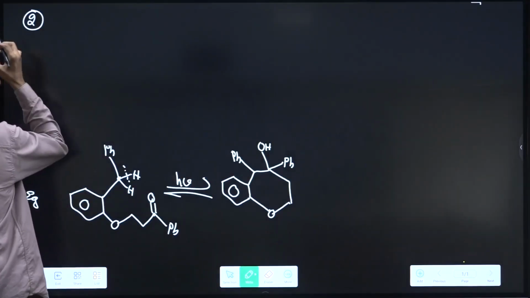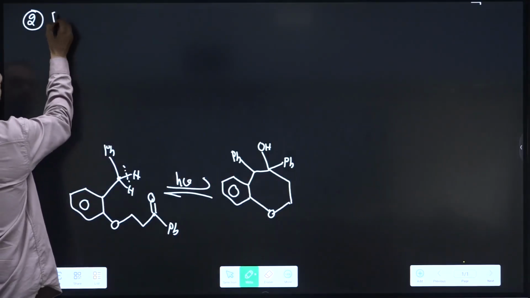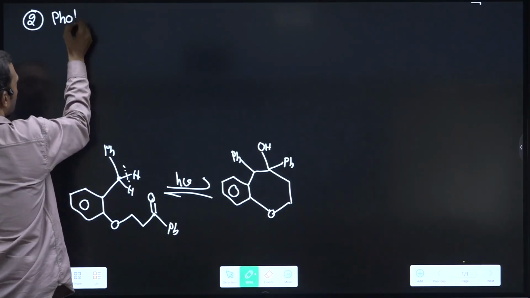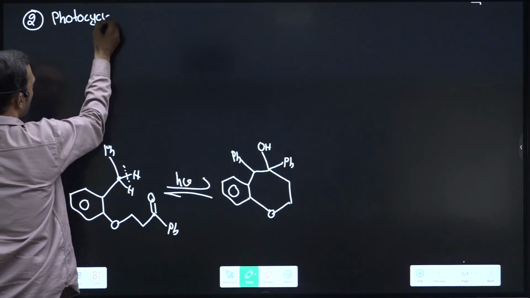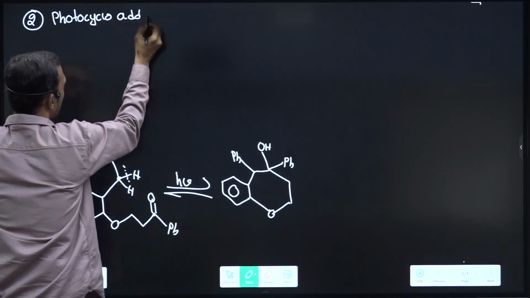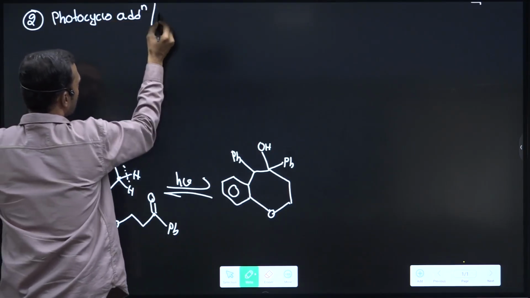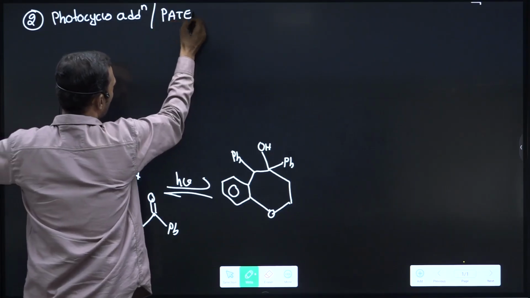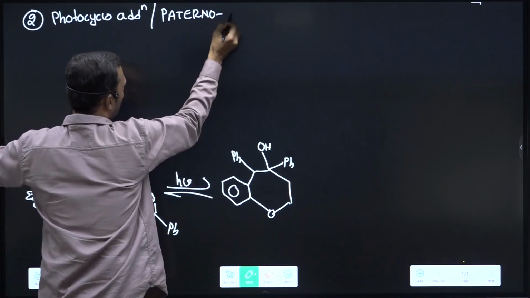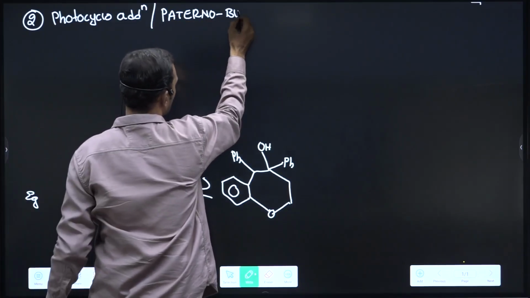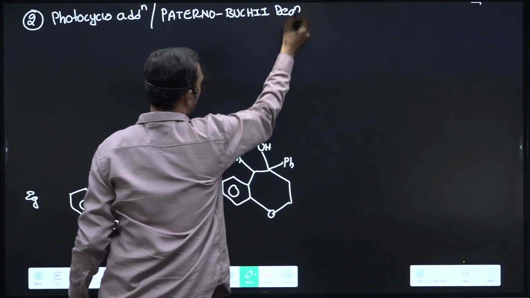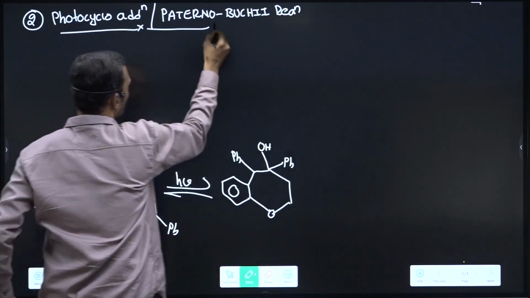Now after photoreduction, next is photocycloaddition, also called the Paterno-Büchi reaction. PB.